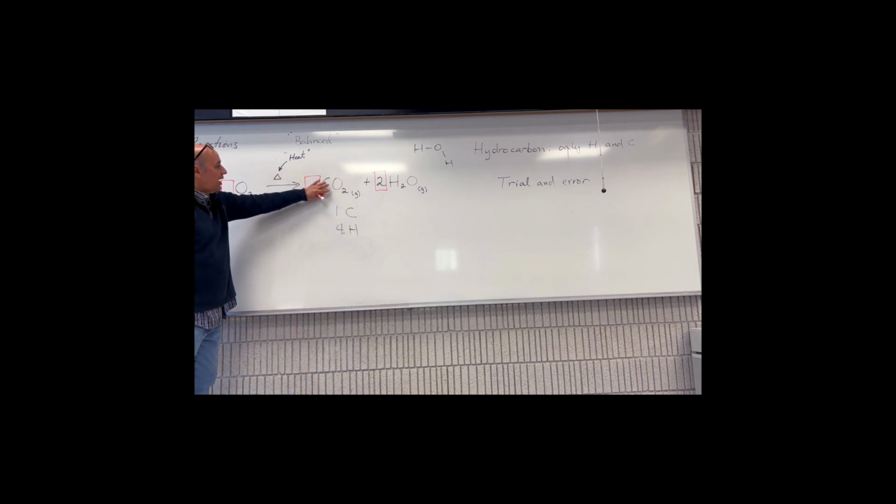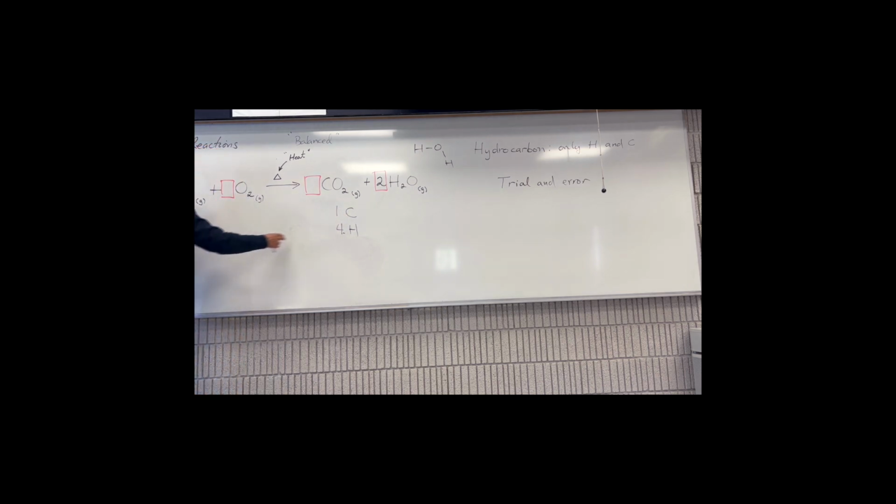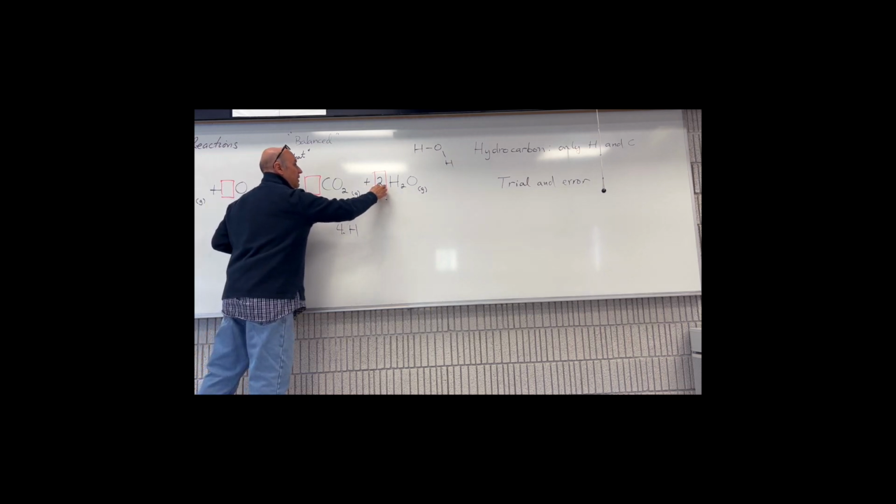We didn't touch the carbon, so we still have 1 carbon. So the carbon is balanced because it has the same amount. The hydrogen is balanced because we added that 2, and that made this 4 hydrogens total. So we are on the way to balancing this equation, to having the right amount of ingredients.